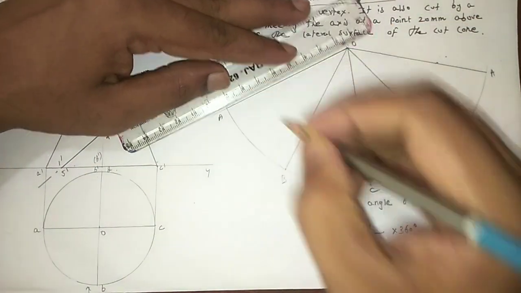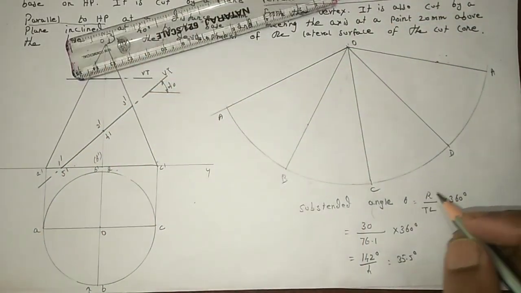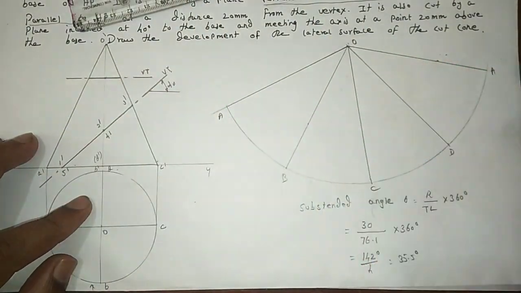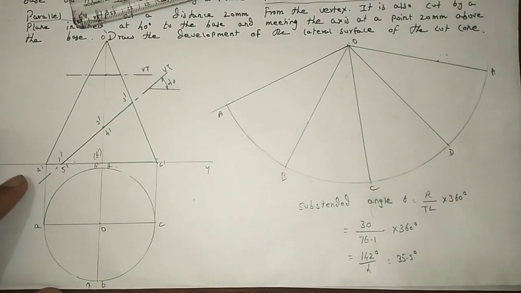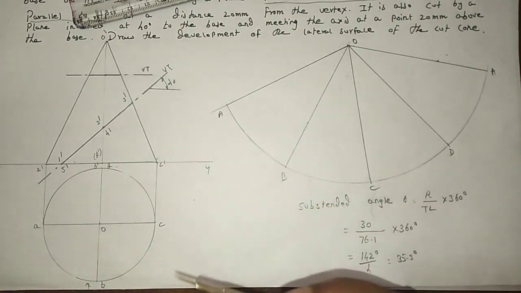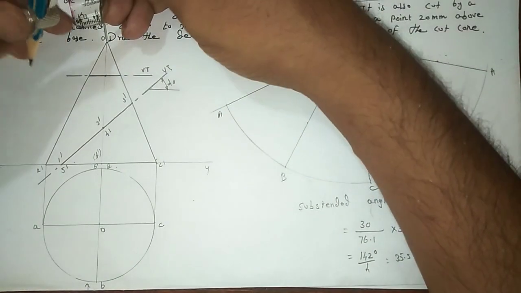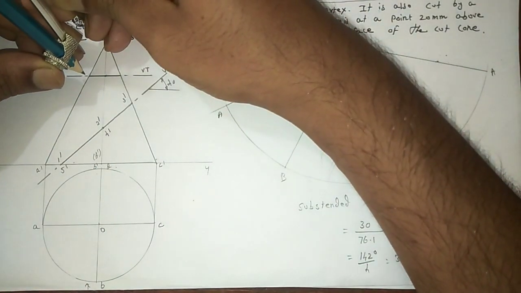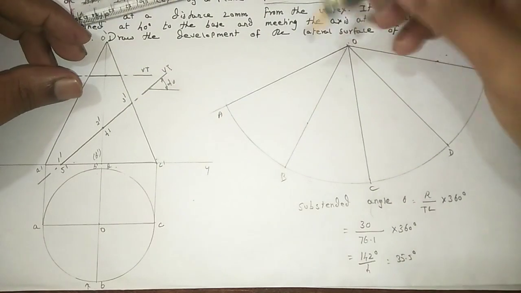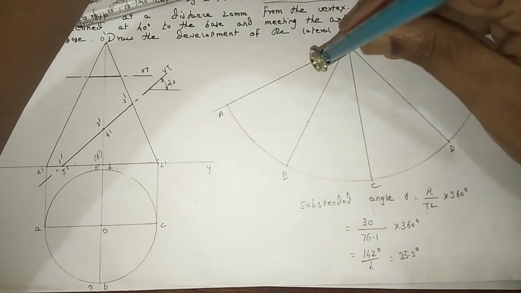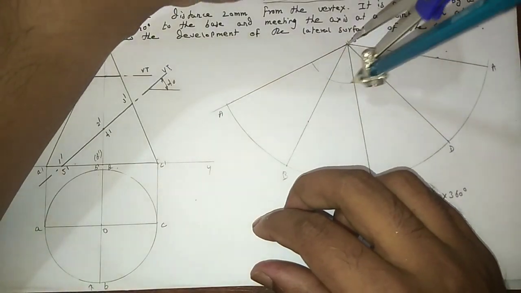And now we are going to mark the section plane cutting areas in this diagram. First we always take the value from the true length only. So this is the true length. Measure the distance of the first cutting plane, and place the compass at the center O and trace one curve.